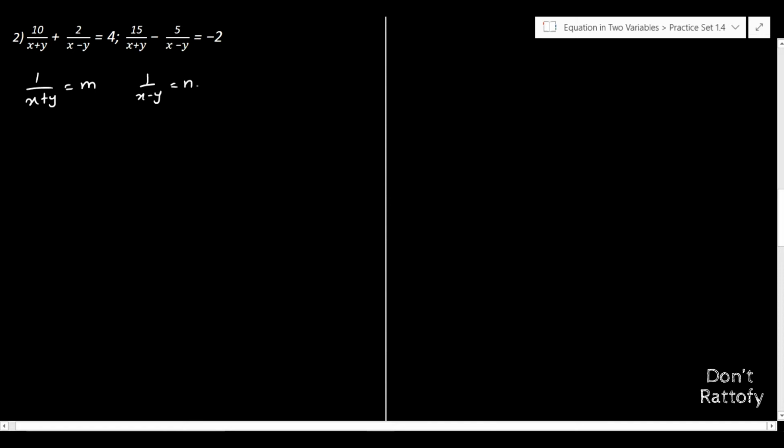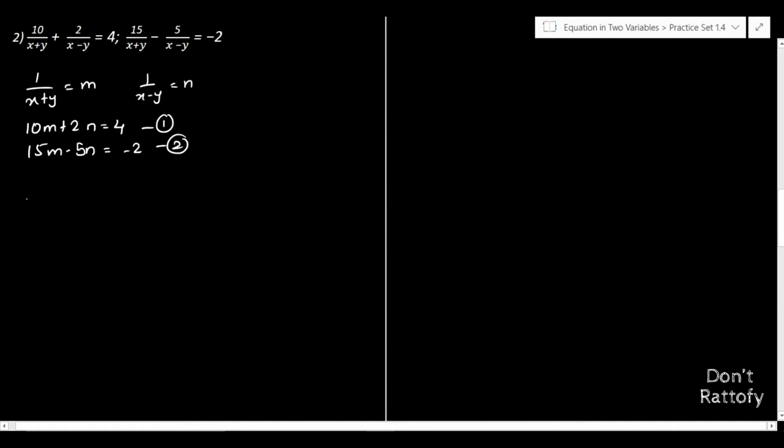If we assume this, then it will be 10m plus 2n is equal to 4. This is my equation 1, and 15m minus 5n is equal to minus 2. This is my second equation, right? Solving ahead. Now here you can see there is nothing that is a multiple of each other.